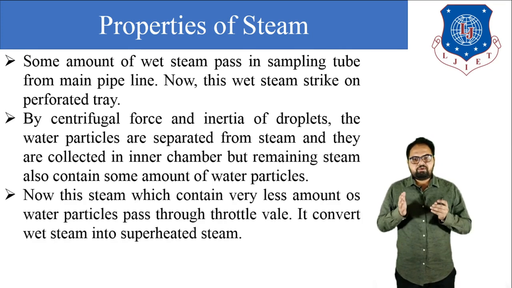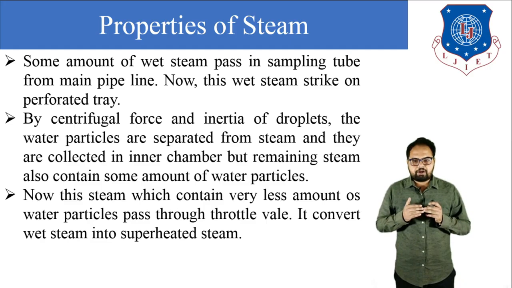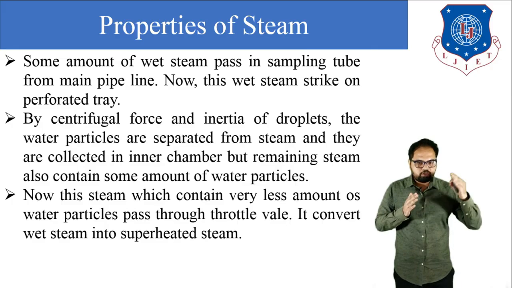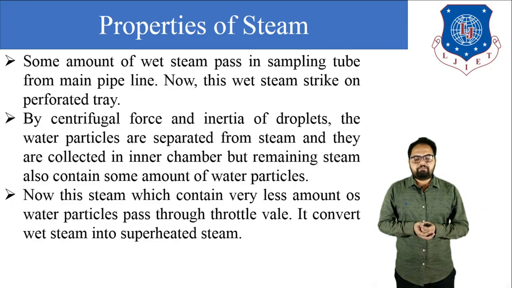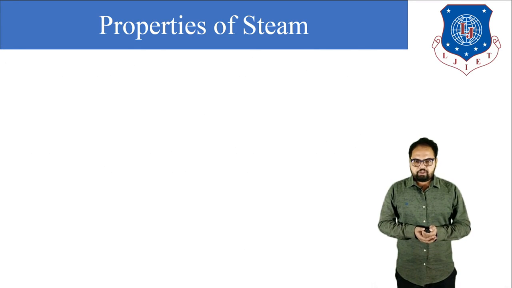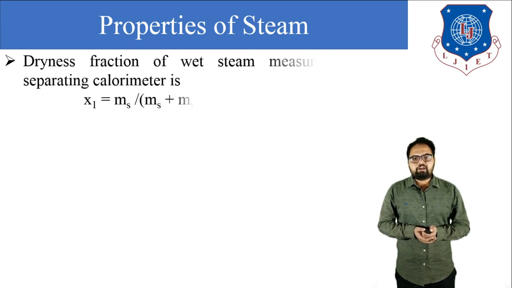Now this steam, which contains very little water, enters the throttling calorimeter, and by passing through the throttle valve, that wet steam will be converted into superheated steam. By this we can calculate the dryness fraction of the steam.